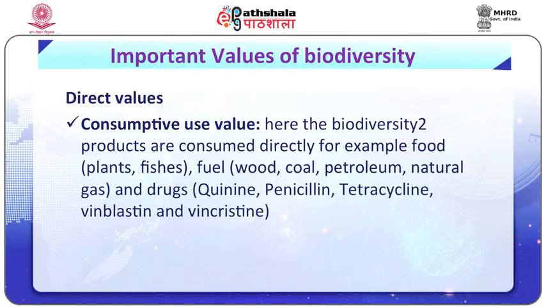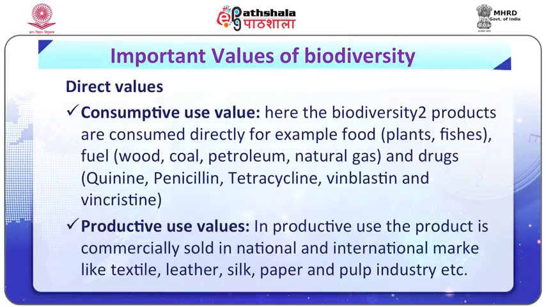Here the biodiversity products are consumed directly, for example food like plants and fishes, fuel like wood, coal, petroleum, natural gas, and drugs like quinine, penicillin, tetracycline, etc. Productive use values. In productive use, the product is commercially sold in national and international markets like textile, leather, silk, paper and pulp industries, etc.